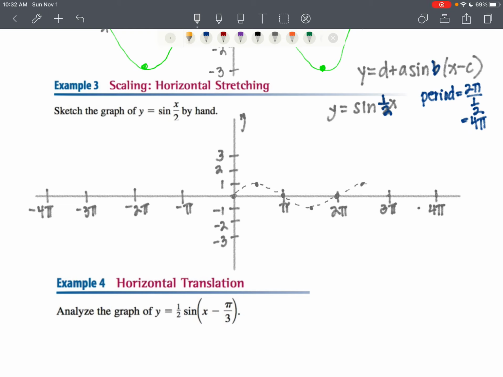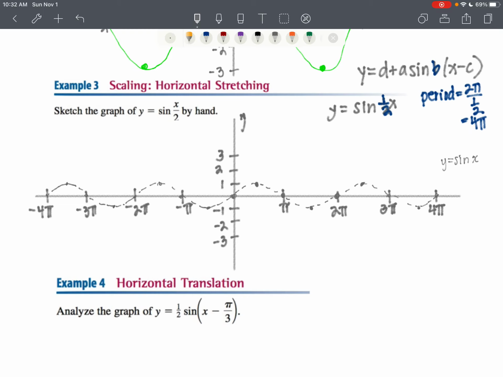I don't know if you can hear that tapping. There. So that's our parent function, y equals the sine of x.